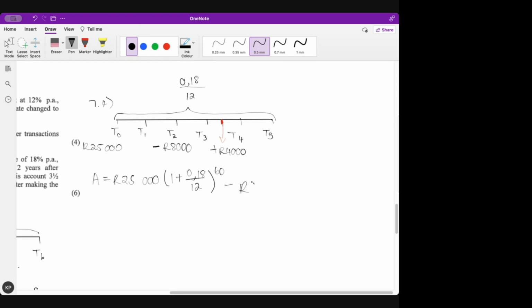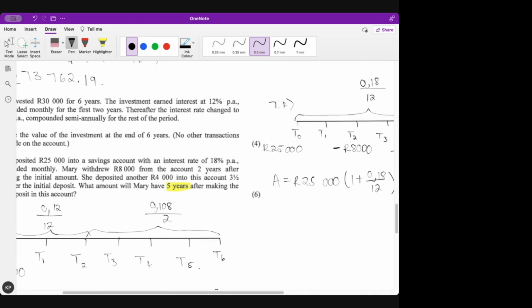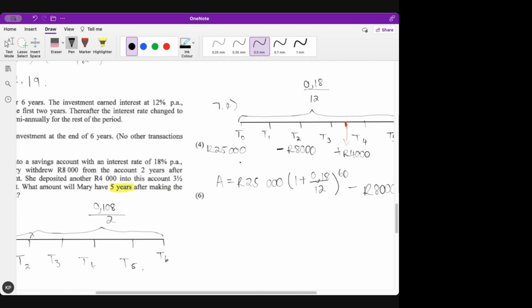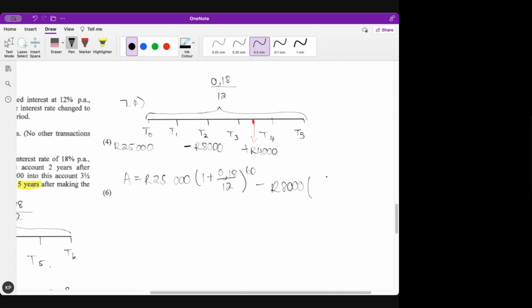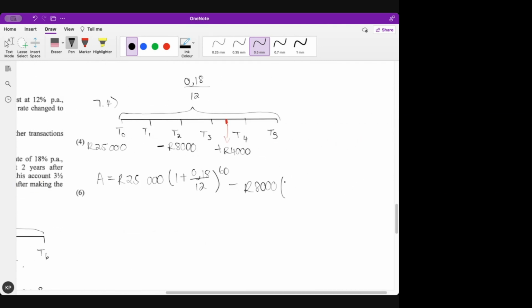Minus. Now we start off with the withdrawal of 8,000 rands, which was done 2 years in. So I lost 4 years worth of interest on the 8,000 rands. So it's 1 plus 0.18 over 12.